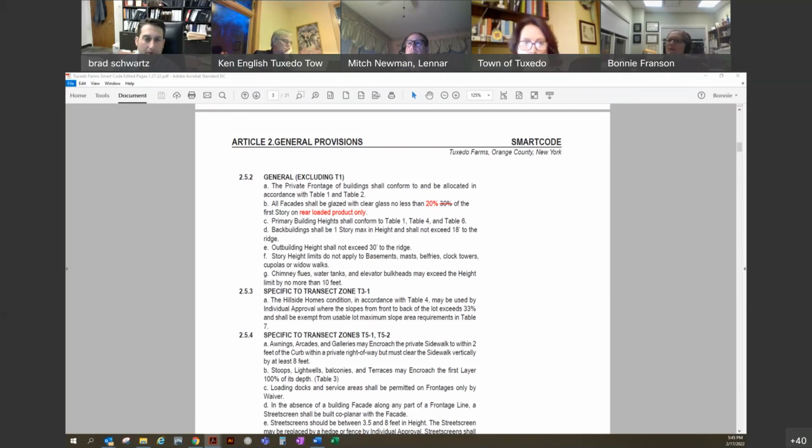I think what happens though is that by revising this sentence, what ends up going missing is what happens on those that are not rear loaded, because then it's 30%. So in changing this and focusing it on the rear loaded product, we eliminate the standard for what would have been on all the other building types, which is 30%. You follow? No, that is correct.